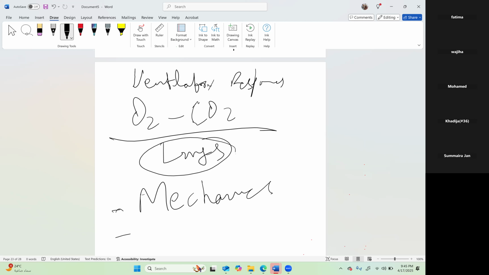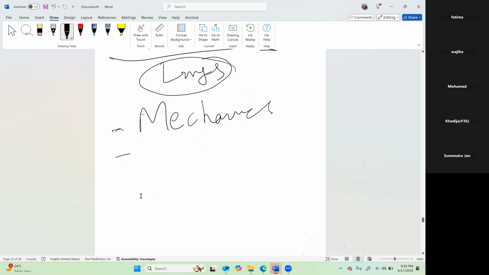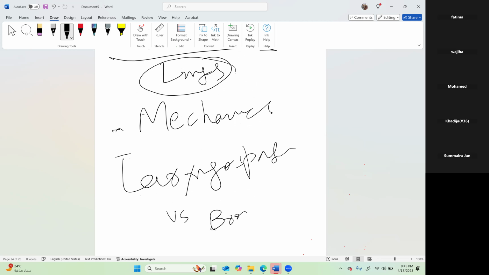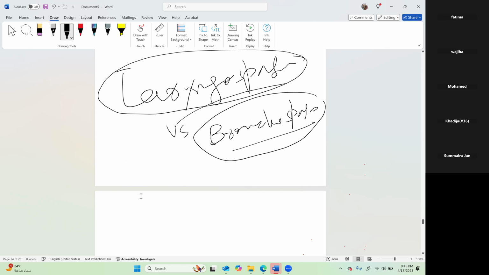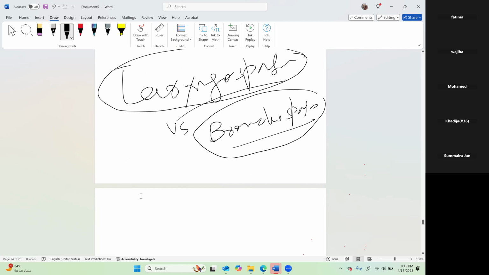They ask in different styles, but remember one thing: there was a candidate who was not sure about the difference between laryngospasm versus bronchospasm. So you should be very clear about laryngospasm versus bronchospasm. When the endotracheal tube is there, can laryngospasm occur?